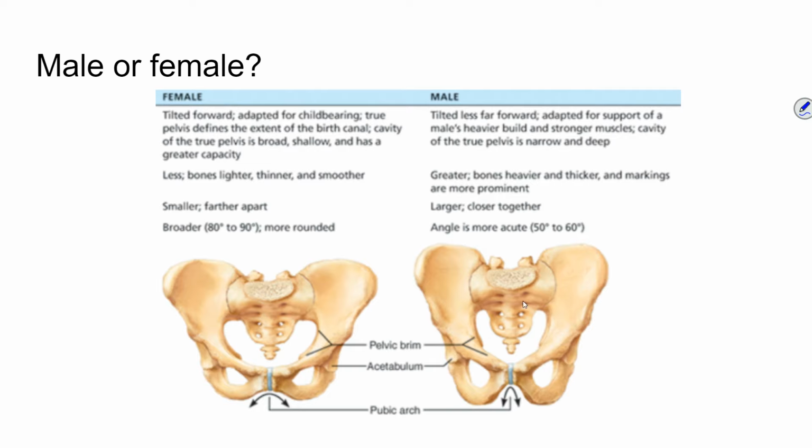The hip bones are typically larger to support a lot more weight, but this opening is a lot smaller. With females, the bones are lighter, but this opening is much bigger to allow for childbirth. If you look at the skeleton that's in my classroom, for instance, you can see that it is a female because of the angles here, this much more rounded area as opposed to this very acute area there.